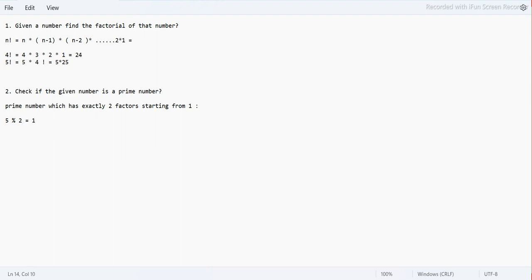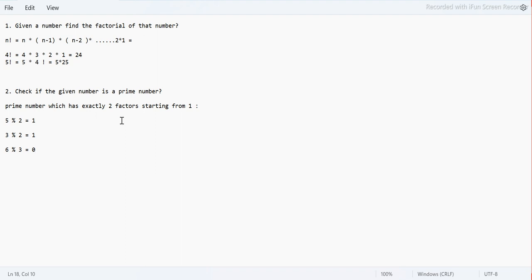The remainder will be 1, because 2 into 2 is 4 and the remainder is 1, right? Let's say 3 modulo 2. What is the remainder, guys? It's 1, right? Then let's take 6 modulo 3. What will the remainder be here? The remainder will be 0. Why? Because this is completely divisible, right? So no remainder.